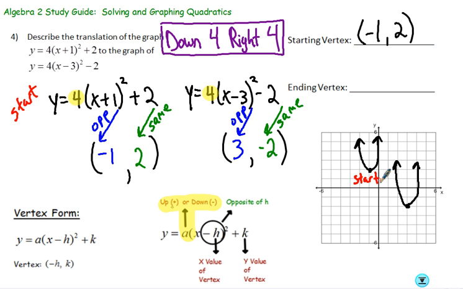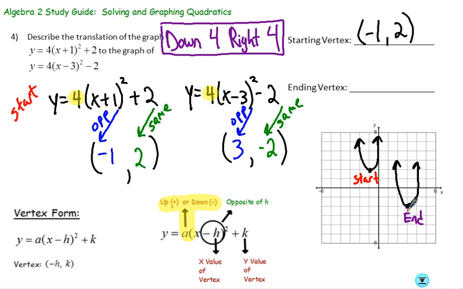So that's where you're starting, and then this is where you're ending over here. So then if we count the distance, that would be down 1, 2, 3, 4. 1, 2, 3, 4 to the right. So down 4, right 4, which is where we got that as an answer.